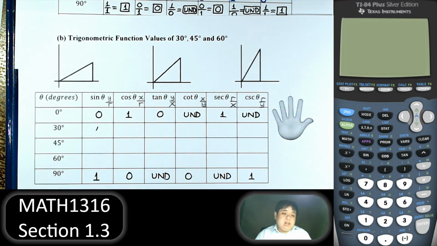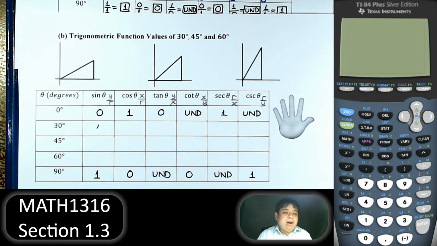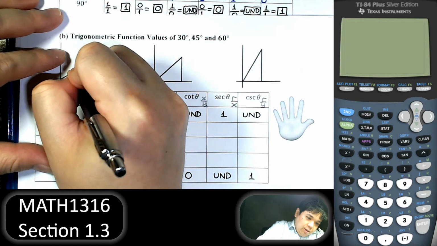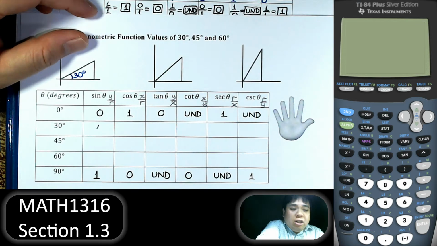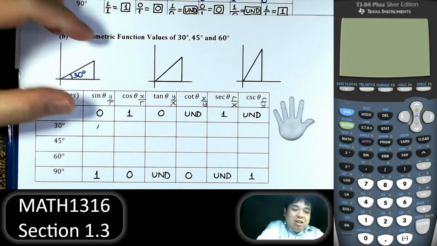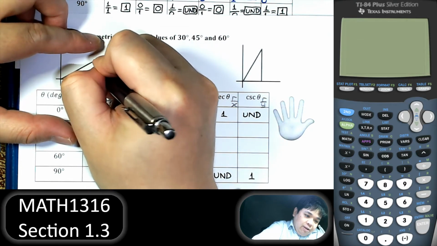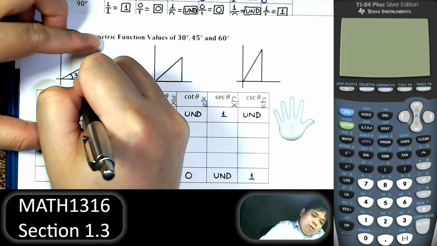Right, now we determine 30, 45, 60, and 90. There's a trick for that that has to do with the hand. If we don't want to use that, just strictly from definition, let's say we have 30 degrees. Remember the 30, 60, 90 degree triangle, the relation is going to be 1/2, square root of 3 over 2, and 1.